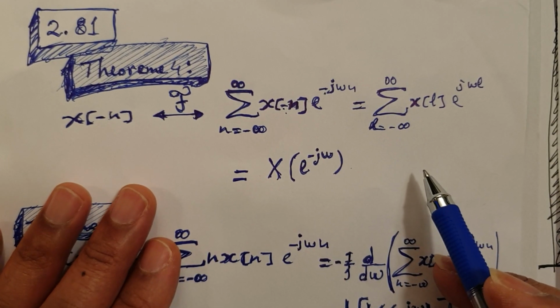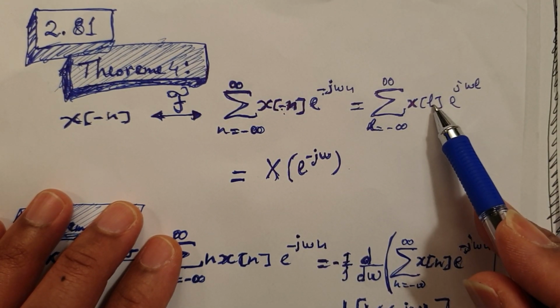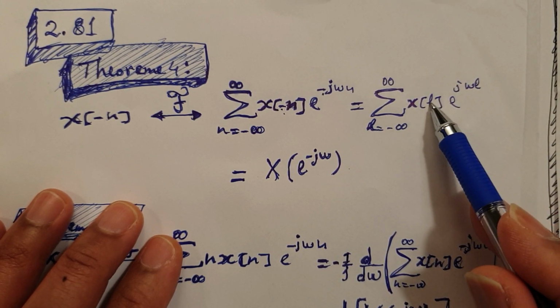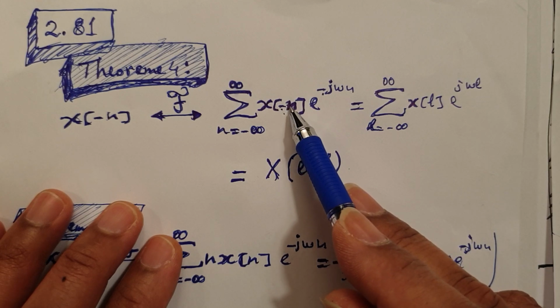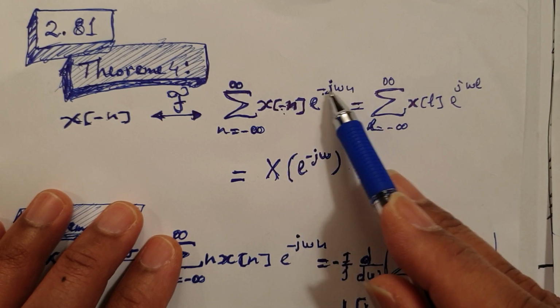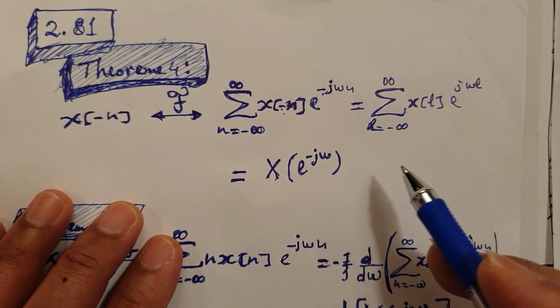What happened here is that there was a change of variable, but you don't have to do this, okay? But here, just a change of variable from n to l, but you could just have changed the sign, say minus n and plus n, because you're changing the signs, okay? If you change here, you have to change that as well.